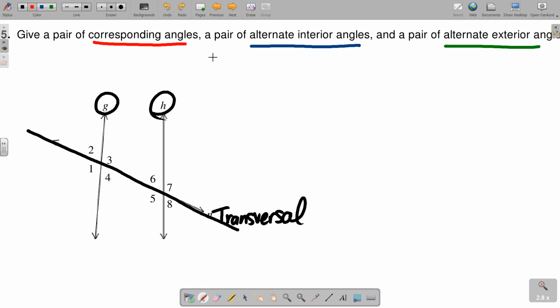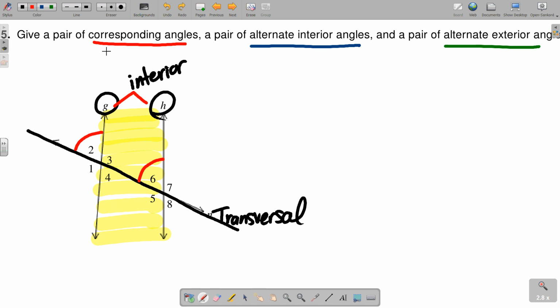Corresponding angles, when I say between, I mean between the two lines that are given. I'm going to use the word interior here. Interior means between the two lines. So corresponding angles are when you have one angle between the lines, or interior, one angle out, same side.